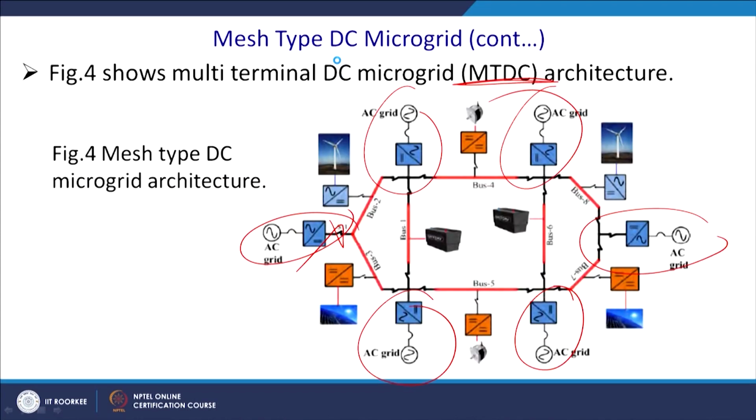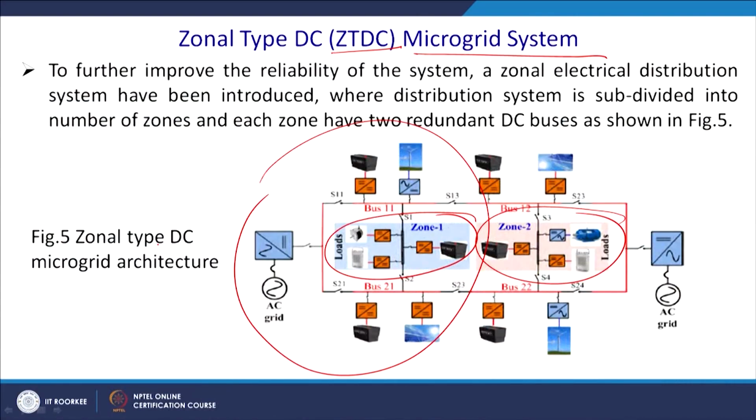This is your mesh type configuration, and in mesh type configuration in between you have two kinds of configuration, that is your zonal type DC microgrid architectures, and these are gaining a lot of popularity because of the multiple agents involved in the system, and you can feed power in different ways to the different loads.